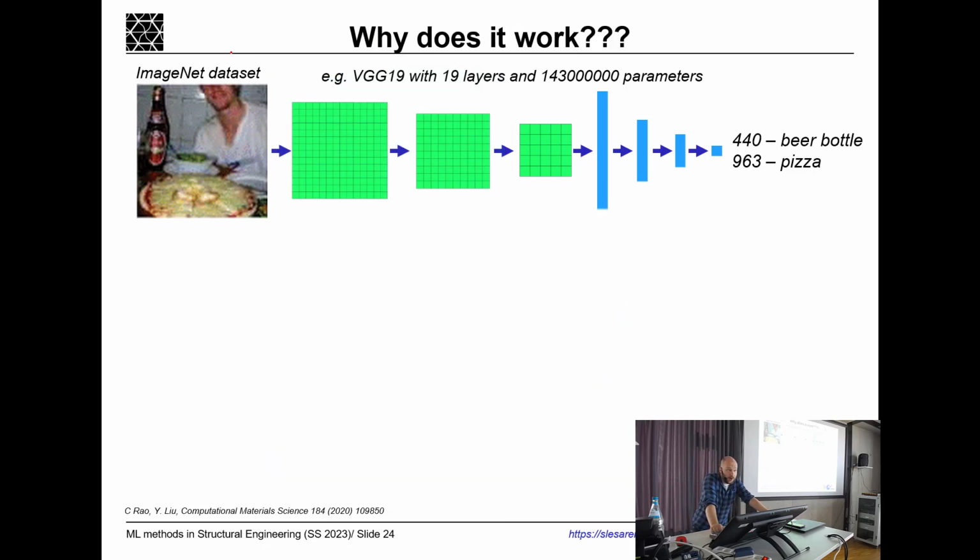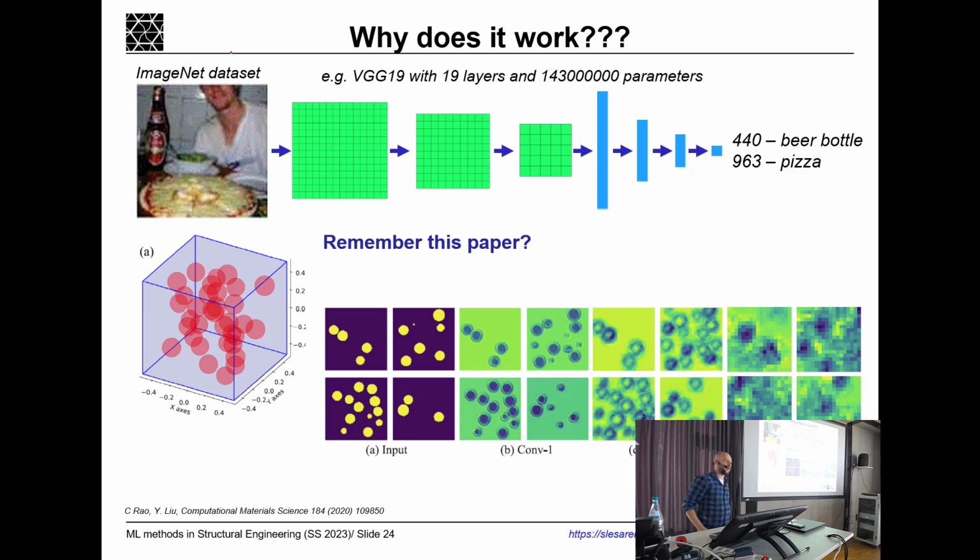The great question is, why does it work? We have different domains. We have the city images that have nothing to do with basically this beer and pizza. And if you remember, in one of the lectures we looked at the paper where we had the inclusions inside of the volume.